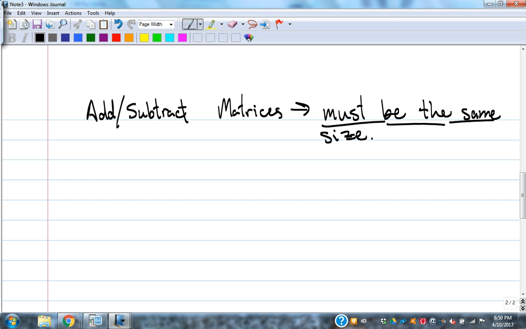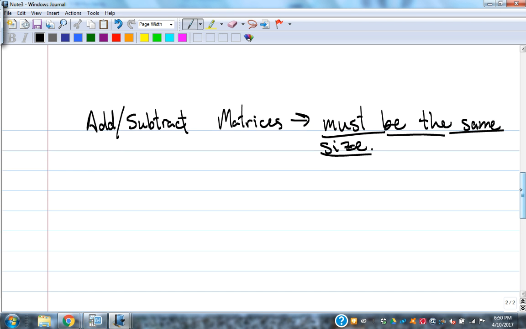Okay, they have to be the same size. So a 2 by 3 can add to a 2 by 3, but a 2 by 3 can't add to a 3 by 4. They have to be the exact same size to add or subtract them.